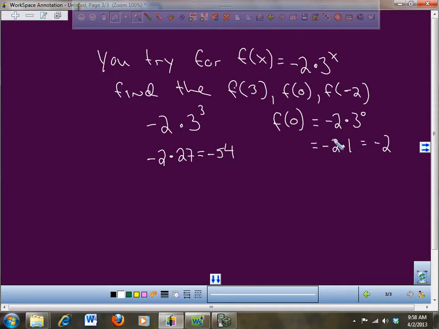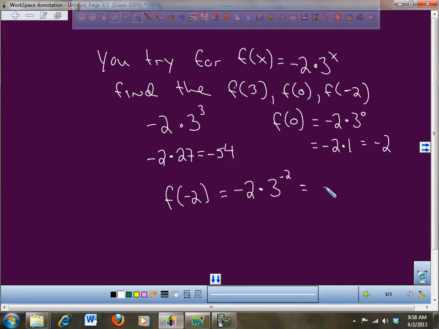Okay? Very nice, Lindsay. And then lastly, who thinks they have f of negative 2? That one's a little bit trickier. Go ahead, Hunter. Negative 2/9. Perfect. Isn't it negative 2/9? Because that's negative 2 times 3 raised to the negative 2.